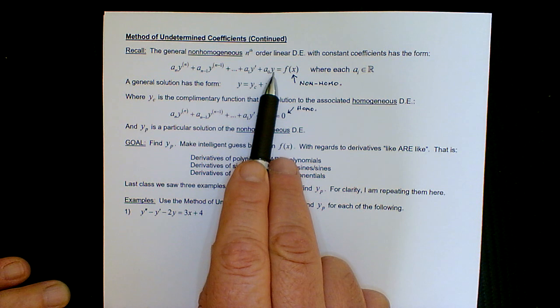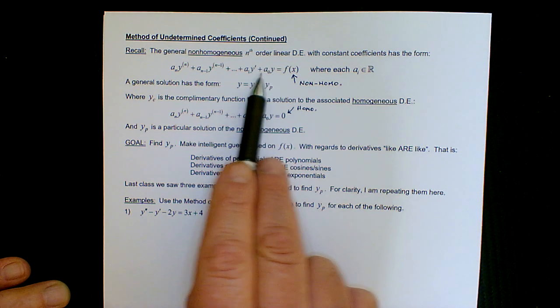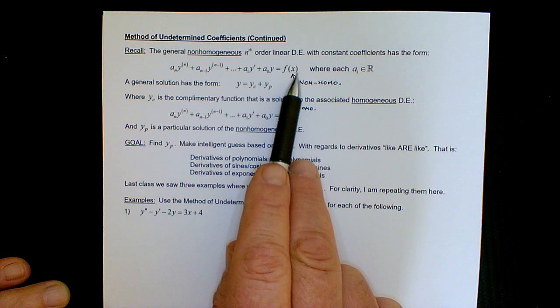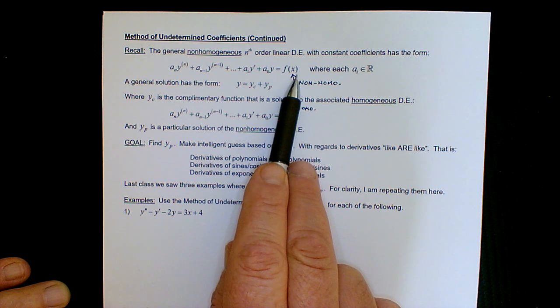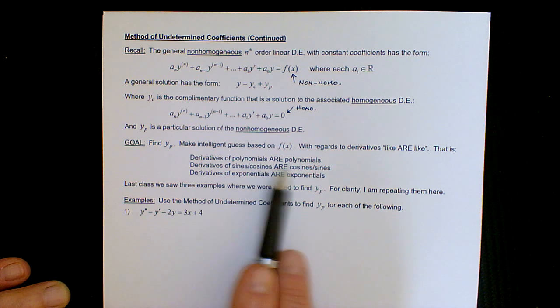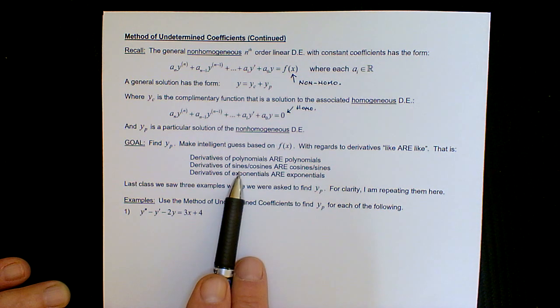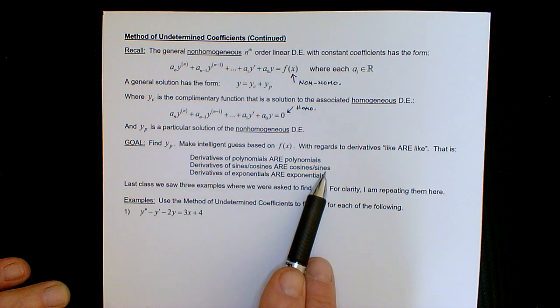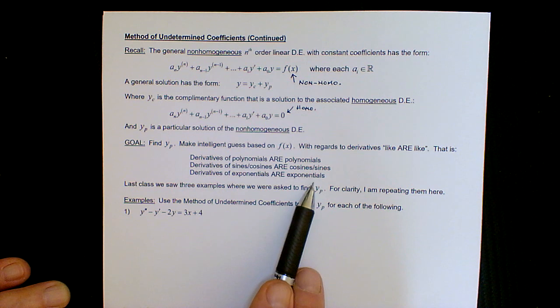So you've got the function itself, a function that's the solution y, and a combination of its derivatives that are going to produce some function, then we say that like are like.